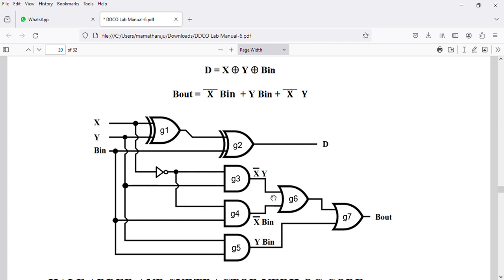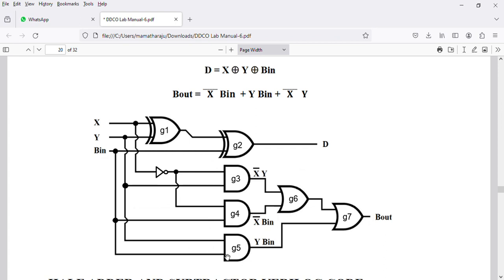We take it as one of the inputs for gate 6. We take x bar as one of the inputs for gate 4 and b in as the second input for gate 4, and the output will come as x bar b in. We take this output to the second input of gate 6.